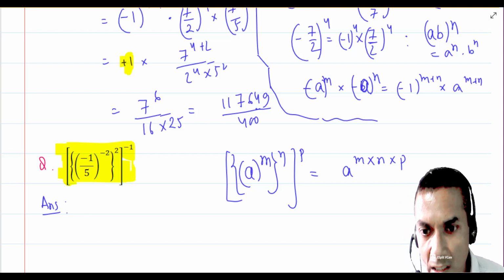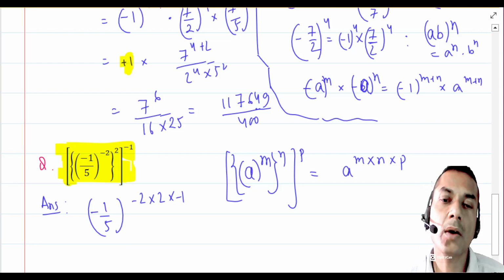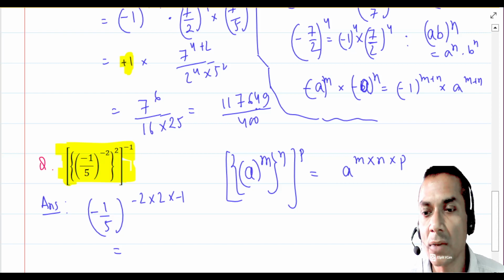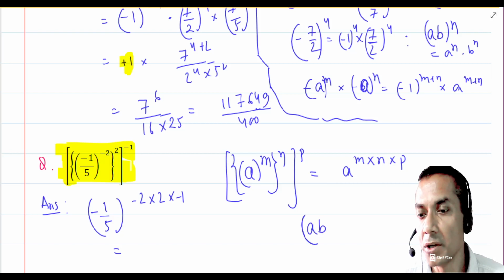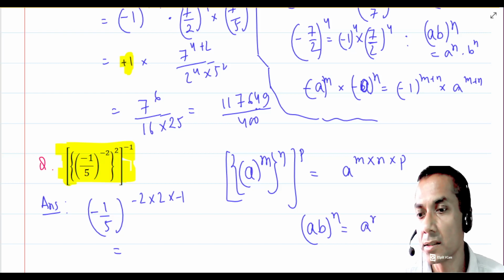So what can I do? Simply I can multiply all the powers together. And what value do we get? Next, what does minus 1 by 5 mean? See, you already know that if (ab) to the power n, then it is a to the power n into b to the power n.